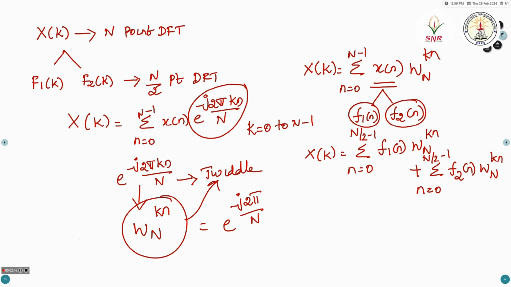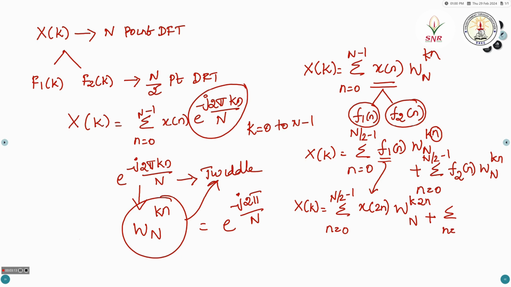So we know that for f1(n), X(k) is equal to summation n equals 0 to N by 2 minus 1. We can write f1(n) as x(2n) into W_N^k, where instead of n we need to change it as 2n, plus summation n equals 0 to N by 2 minus 1.